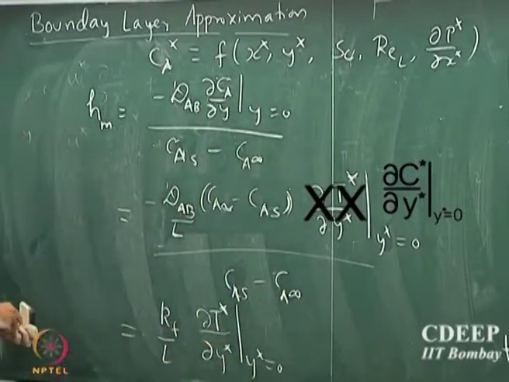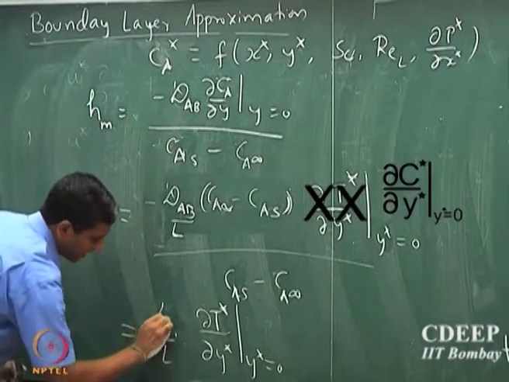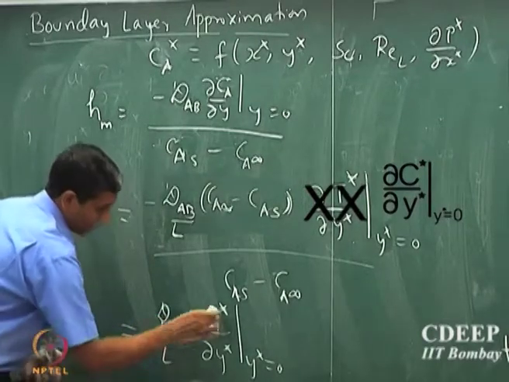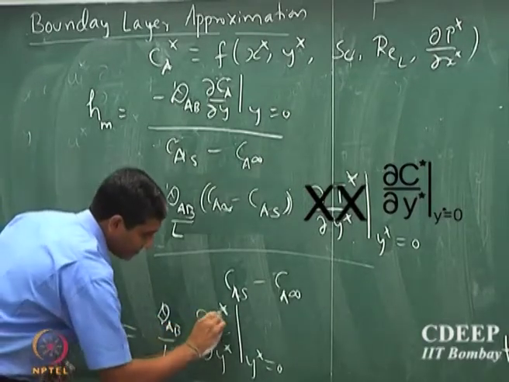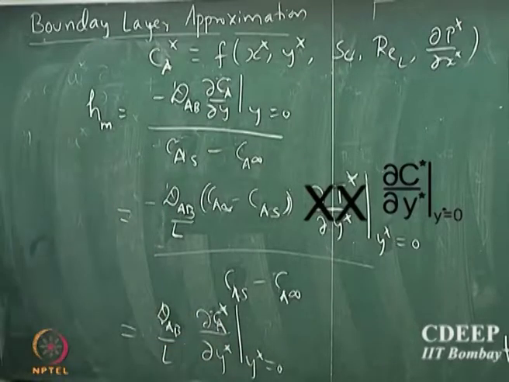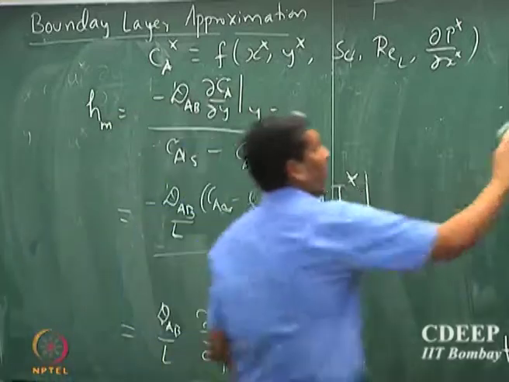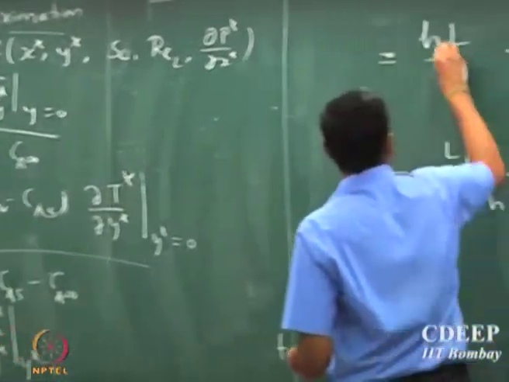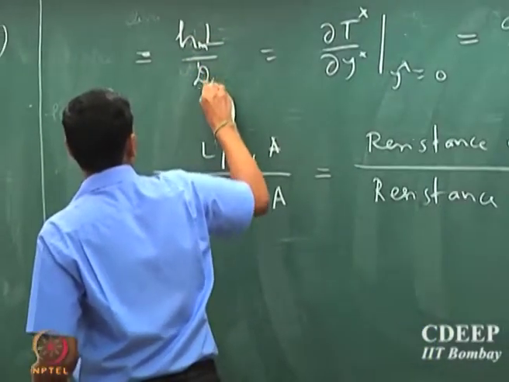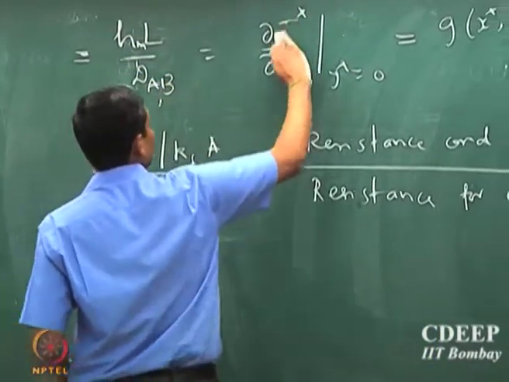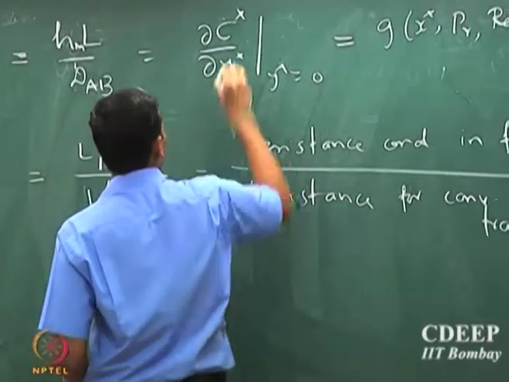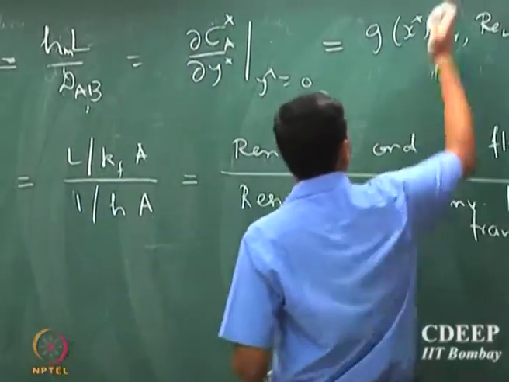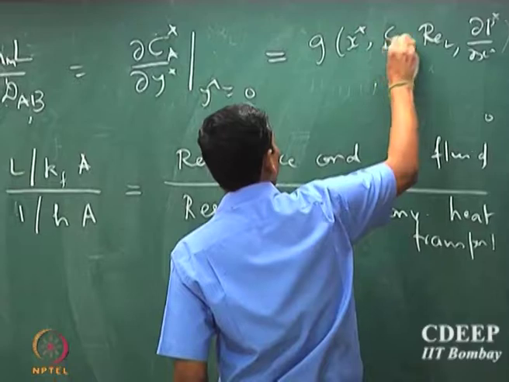Okay, so I can do the same exercise. So this will be DAB and dCA star by dy star evaluated at y star equal to 0, and this will become, what's that number? Hm L by DAB, dCA star by dy star, and that's a function of Schmidt number.